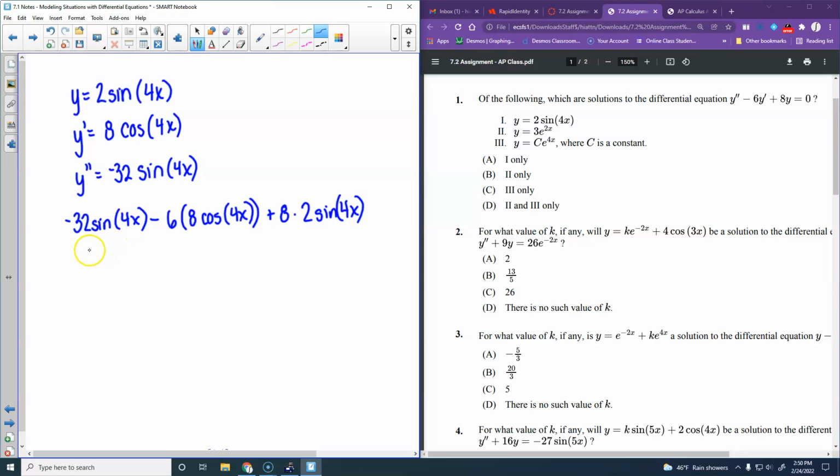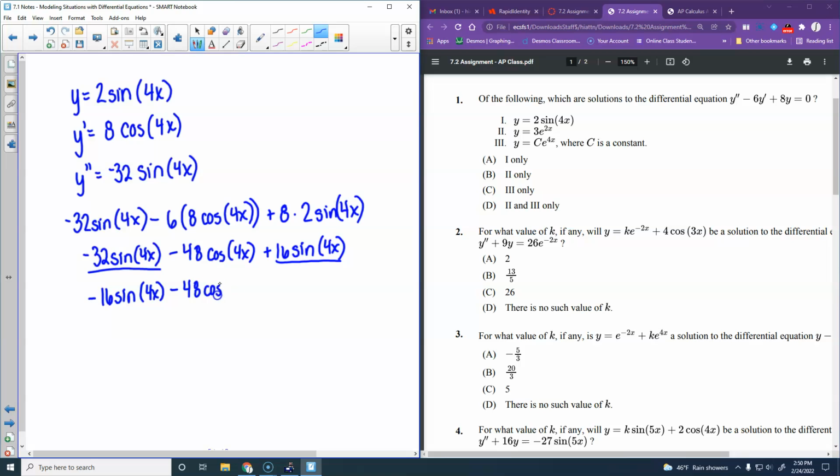So all this is going to be negative 32 sine of 4x minus 48 cosine of 4x plus 16 sine of 4x. You could put these two together, which gives you negative 16 sine of 4x minus 48 cosine of 4x. So stuff did not cancel out to give you 0 there. So it does not look like that would be an answer. That's like a 1. Okay?